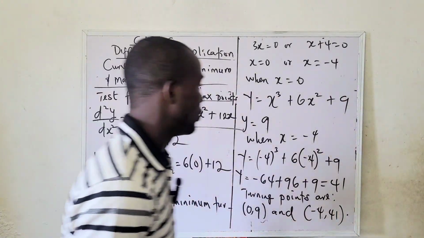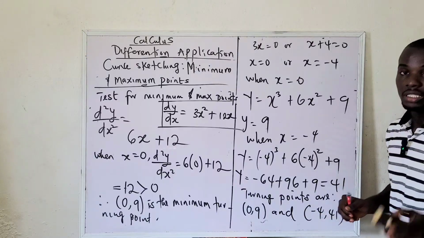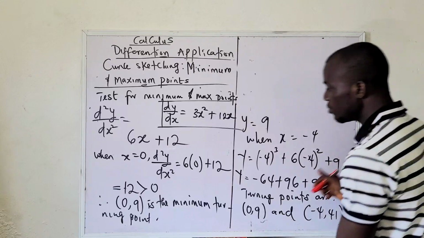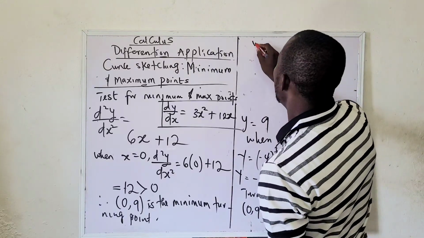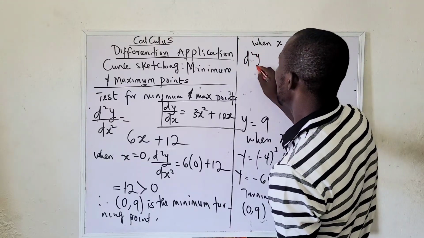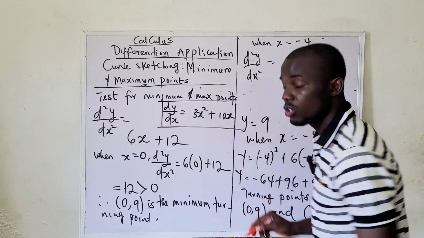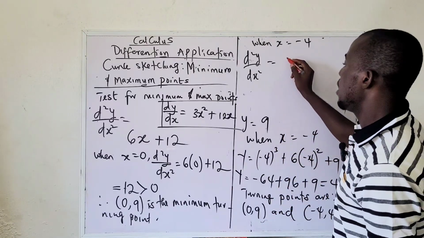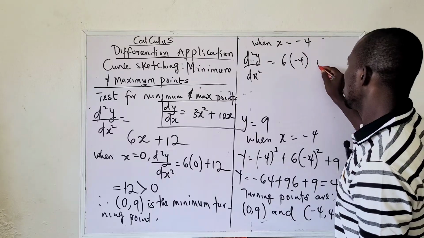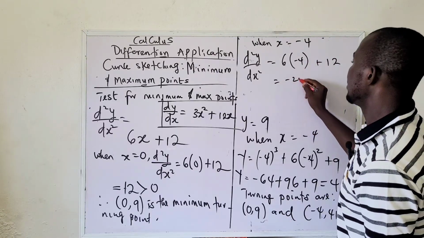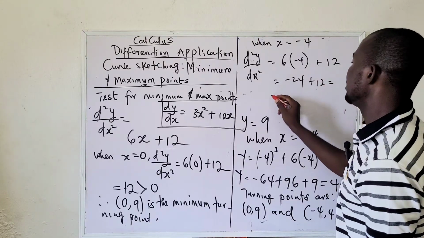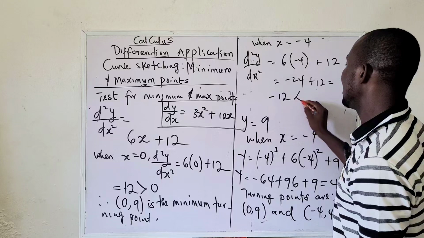And you can tell that the other one will be the maximum point, but we have to also test for that as well. When x equals -4, our d squared y over dx squared will be 6 times -4 plus 12, that is -24 plus 12, which equals -12, and that is less than 0.